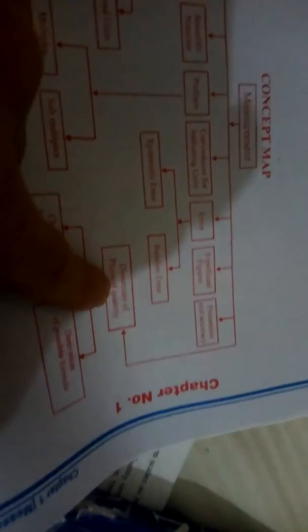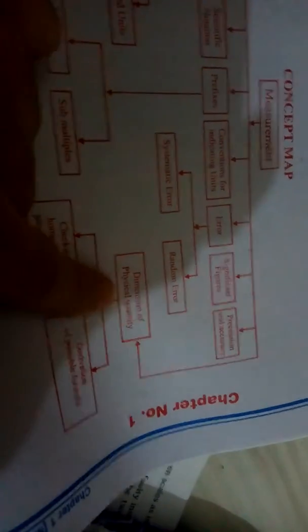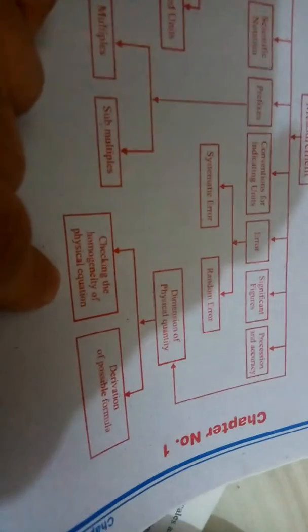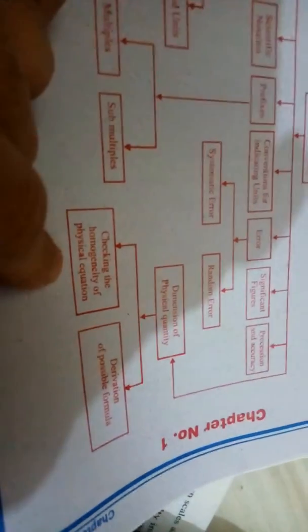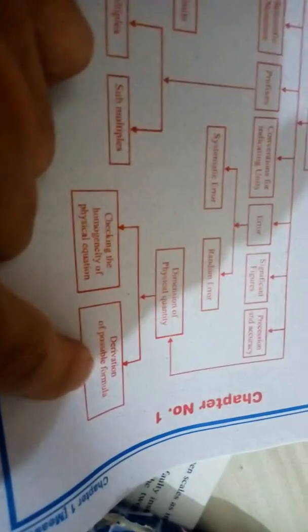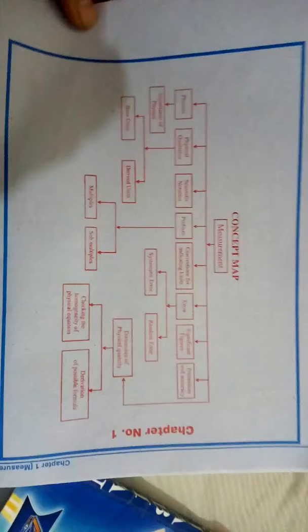We said that it is used for checking the homogeneity of physical equations, meaning we can check whether an equation is stable, which means the equation is correct or not, and it is used to derive new formulas. And that's it. Chapter 1 of measurement is done. I hope it was a good time with you.